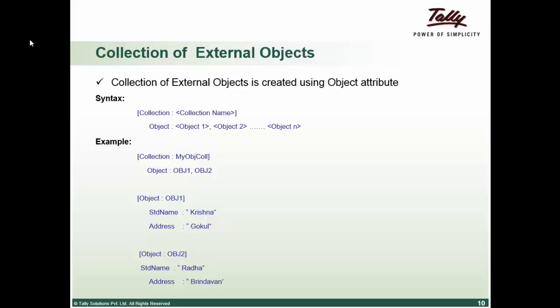In this example, the objects are defined using the object definition. My collection name, object colon the list of objects available, object definition, left hand side of the object is methods.